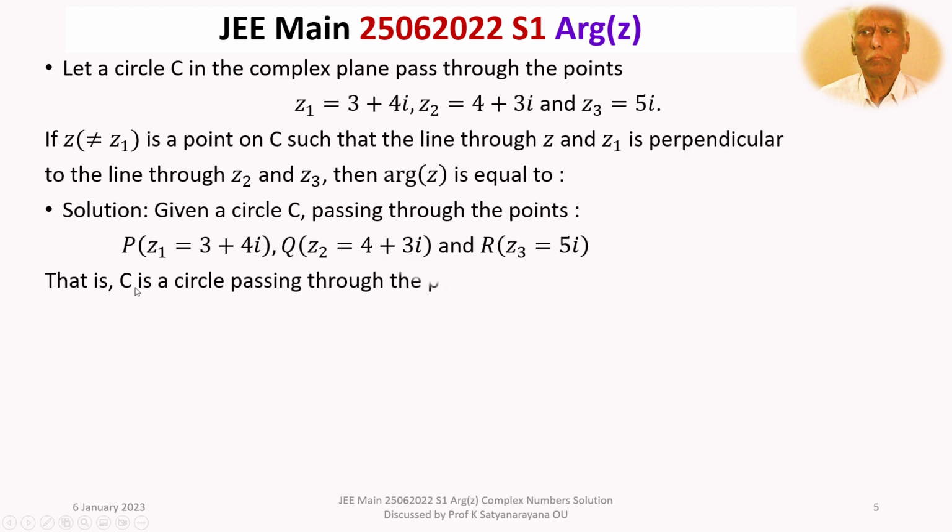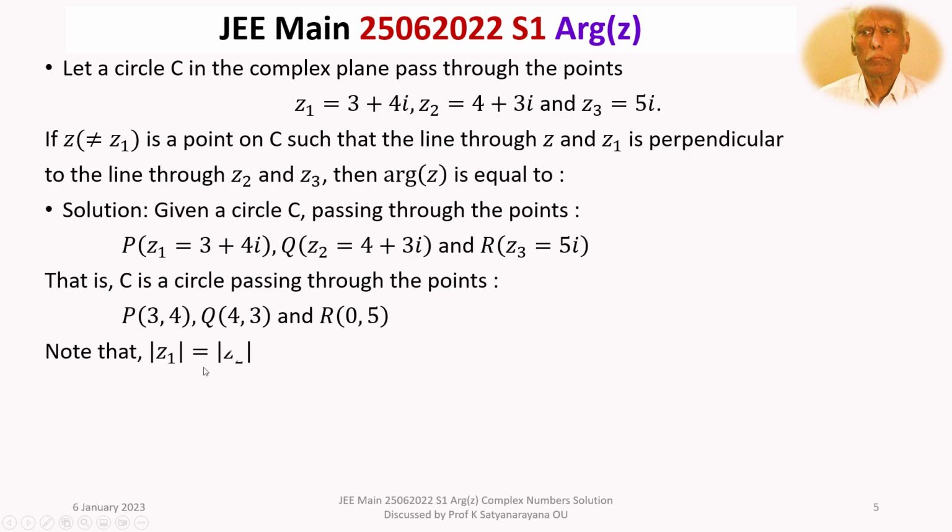That is, C is a circle passing through the point P (3, 4), which is the point corresponding to the complex number 3 plus 4i. So the corresponding points are P (3, 4), Q (4, 3), R (0, 5).